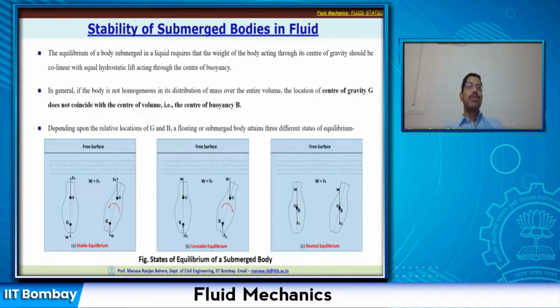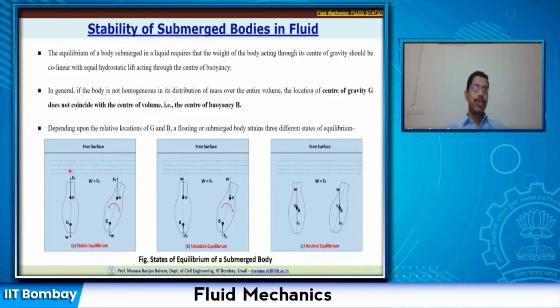Now, if we see this first figure, you can observe a submerged body, completely submerged because you have the free surface here, and here we have the center of buoyancy marked with symbol B, and the center of gravity marked with G. So W is acting downwards, buoyancy force Fb is acting upwards.